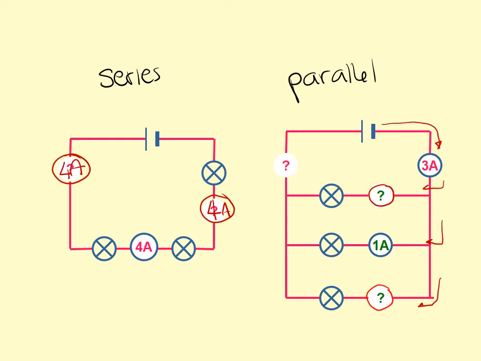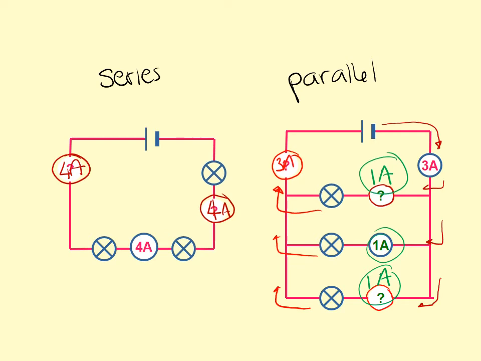Well, if the current has more than one path, the current splits up. So it'll be 1 amp here and 1 amp here, and we can see they all add up to our 3 amps. Now what if I put an ammeter here? Remember, the current has split up and it's all meeting back at this point in the circuit. 3 amps.